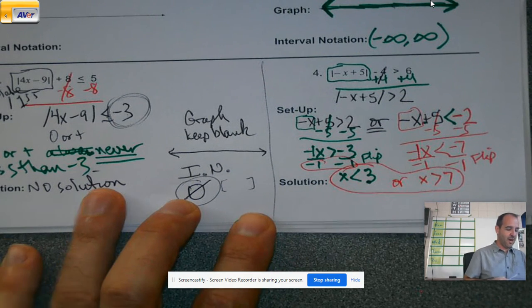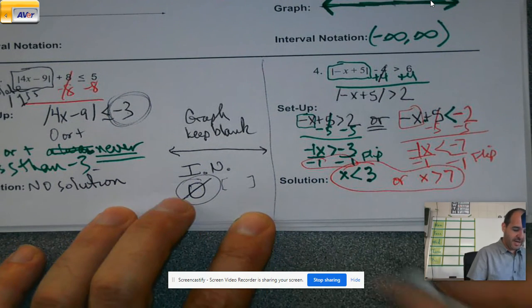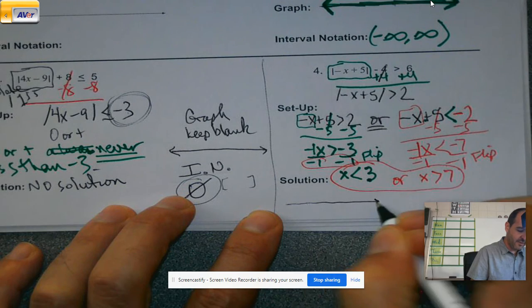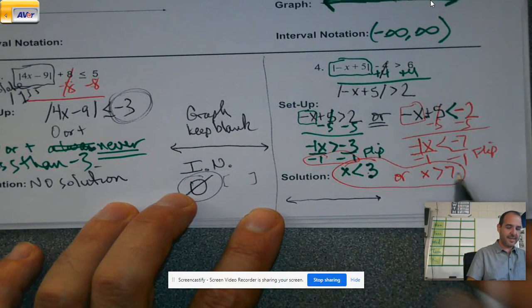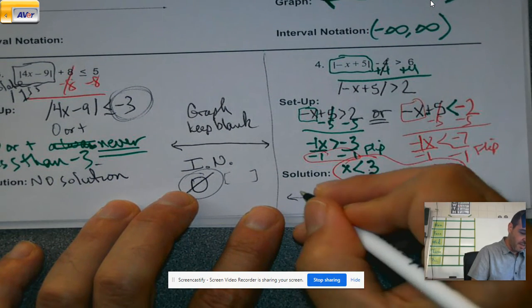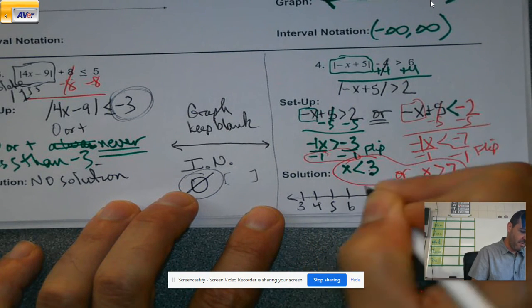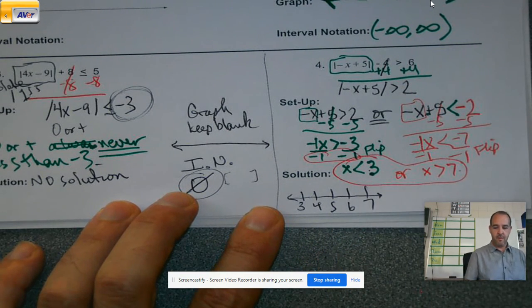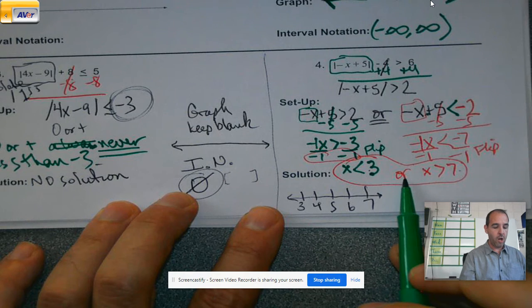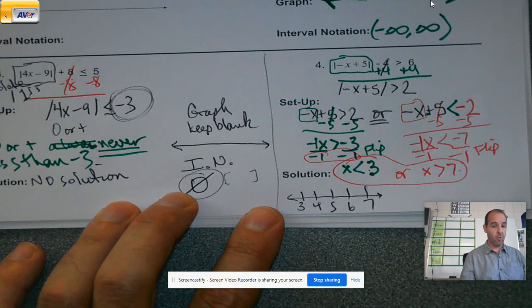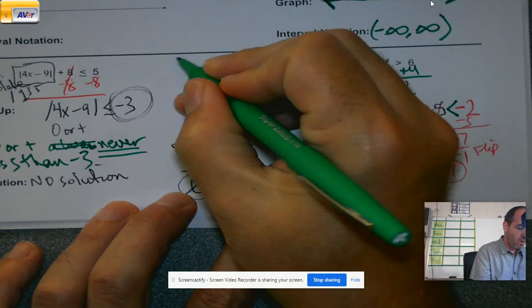And again, I'm going to try and get our graph and interval notation on here. We'll see how successful this is. So 3 and 7. Maybe I can count by ones this time. We got flexibility. And now again, in my brain, remember, if it says or, it goes out. Reminder.